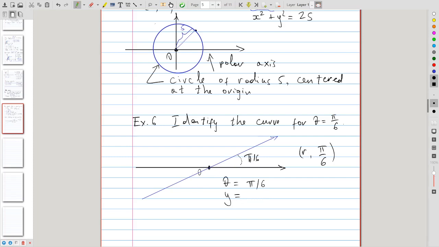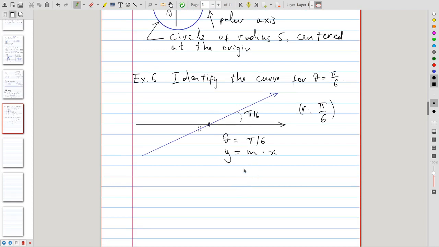coordinates, we'll get something of the form m times x, where m is the slope of this curve. Now, how do we determine the slope? Well, if you recall, the slope m is equal to the tangent of the angle that the line forms with the polar axis.